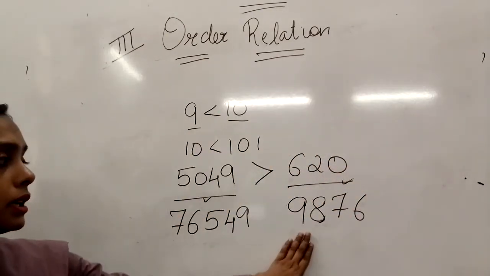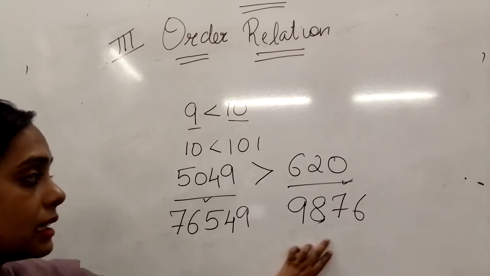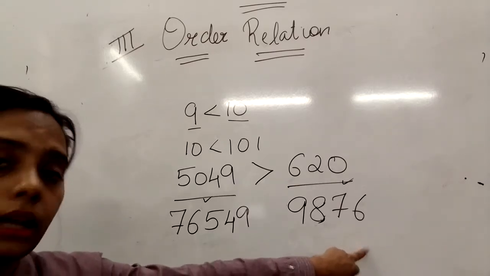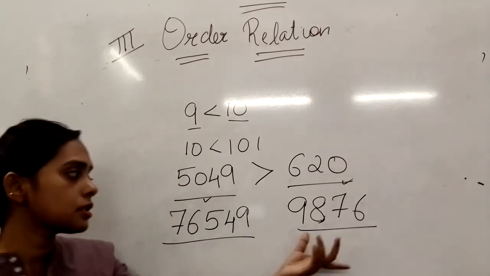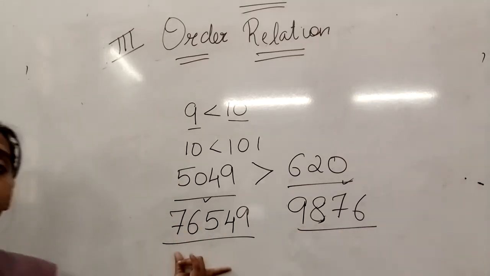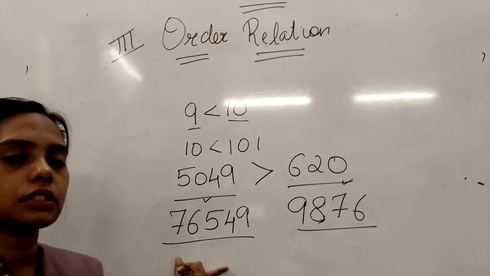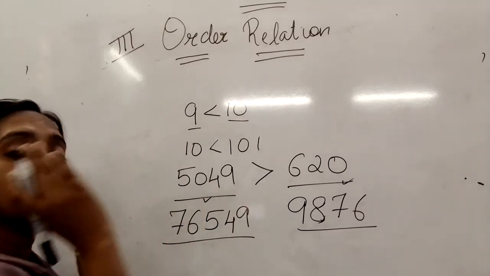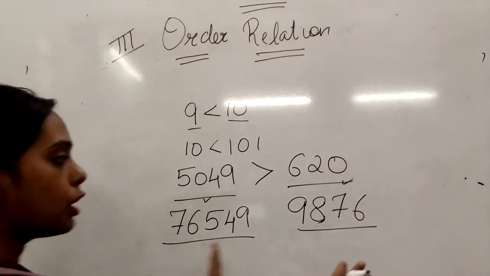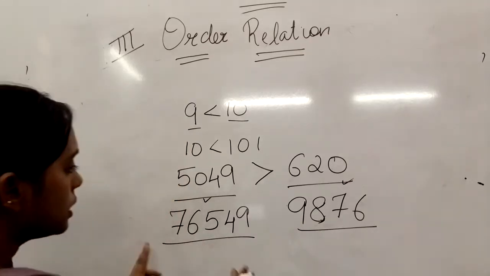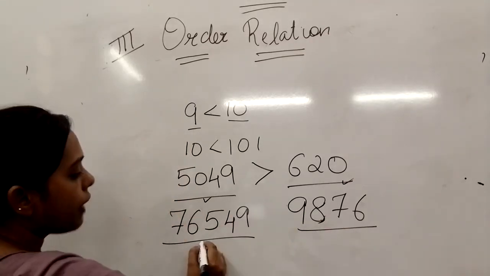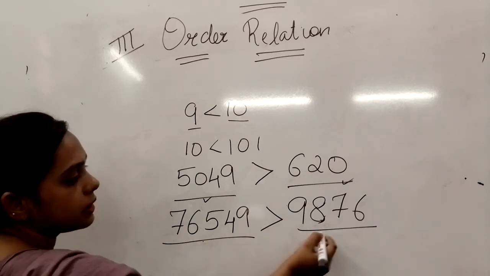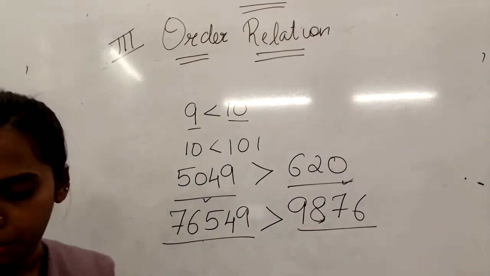Individually, these are the greatest 1-digit numbers. But when they are clubbed into various digits, always remember the number with a greater number of digits will always be greater than the number with fewer digits. Now look here, this has 5 digits, this has 4 digits. So always remember a 5-digit number will always be greater than a 4-digit number.